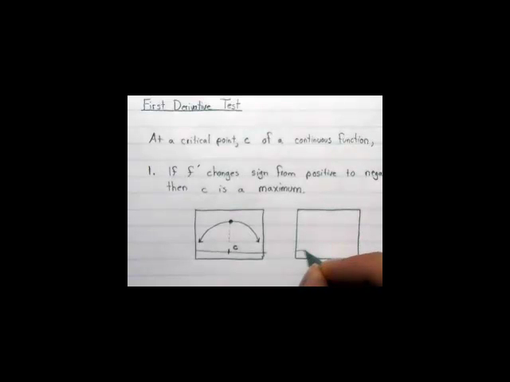So if you had something where, here's c, maybe it comes up like this, and then comes back down like that. Take a look. For the first derivative test to work, it has to be a continuous function. Is this graph right here continuous? Yeah.